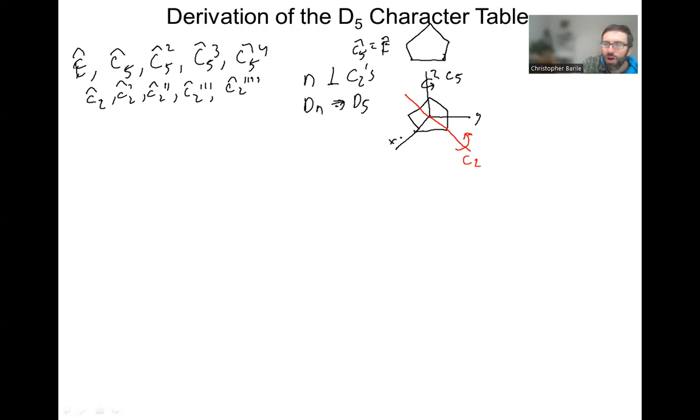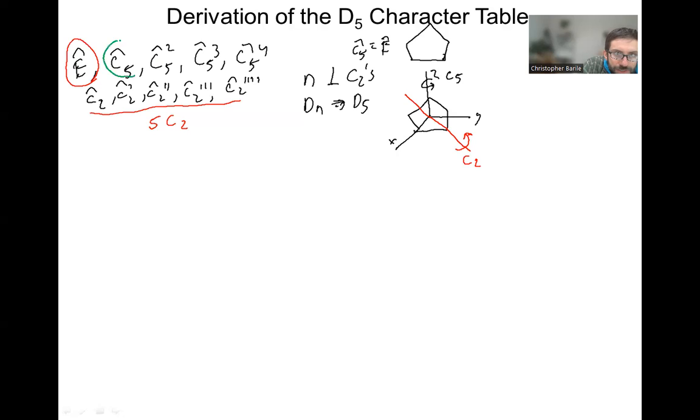All right, well, now we have to organize these into classes. Identity is always in a class by itself. The 5 perpendicular C2s, all those are going to be in the same class. We'll call it 5 C2s. They're all doing very similar things mathematically, so I think that makes sense. And then for the other ones, I'll use a different color here.